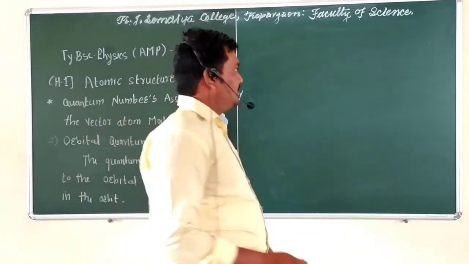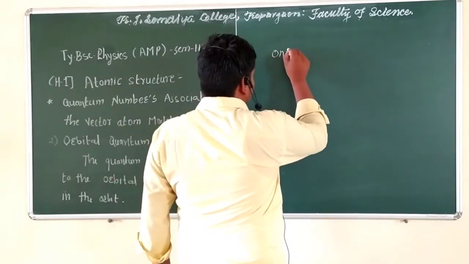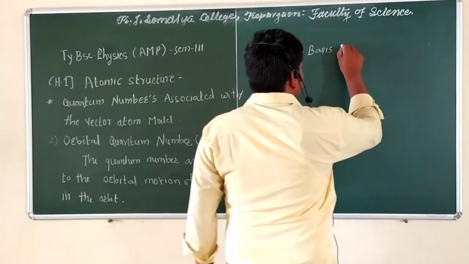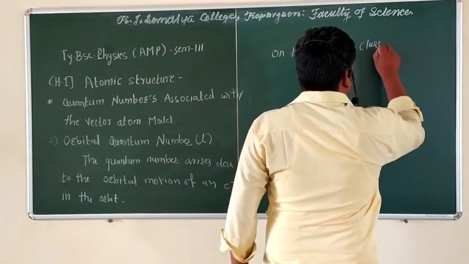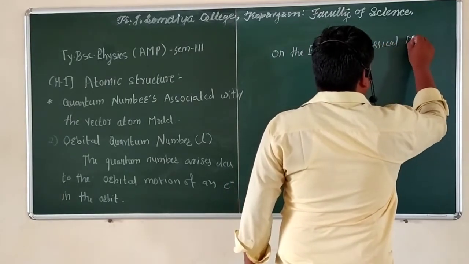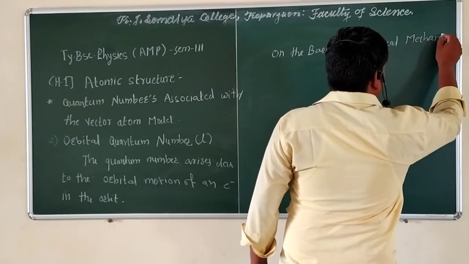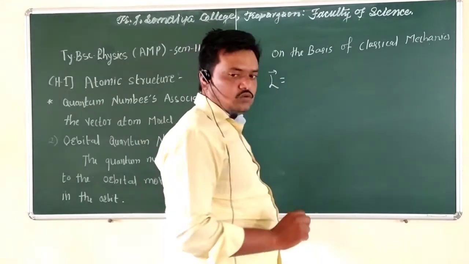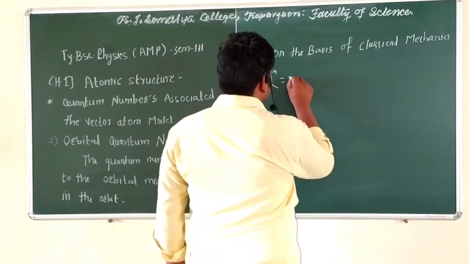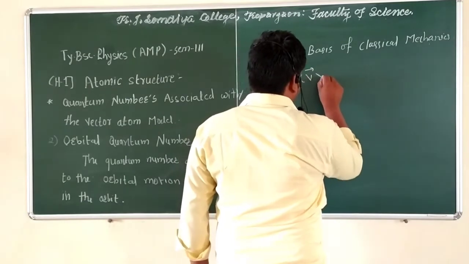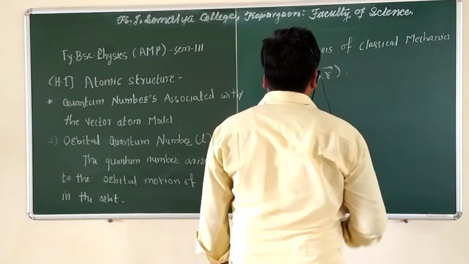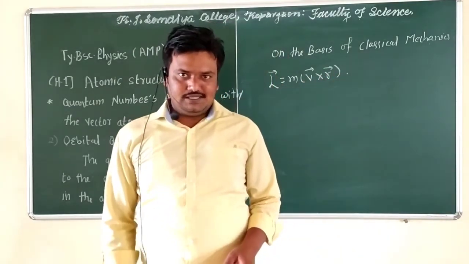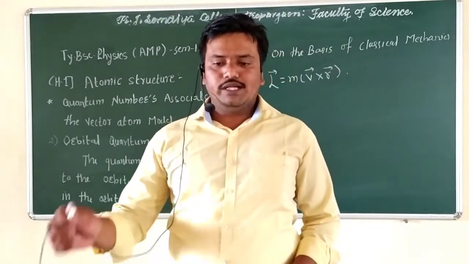On the basis of classical mechanics, consider L bar is equal to m into v cross r bar.